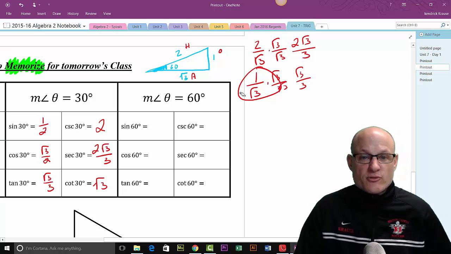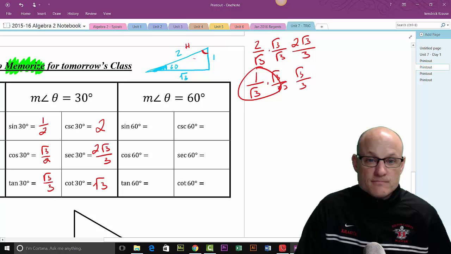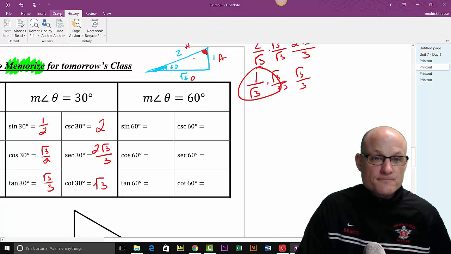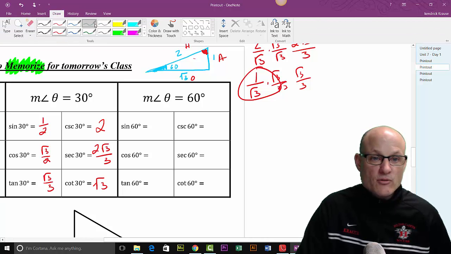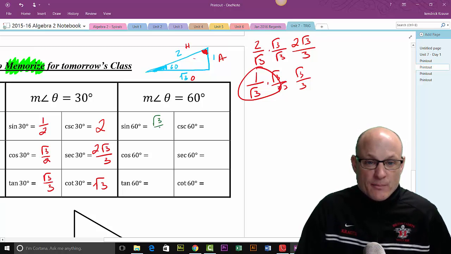Now, if we're going to deal with cosine, I have to adjust these. I can't use these anymore. We're going to use this angle up here. And now this is opposite and this is adjacent. And we'll grab a new color. How about green? Sine would be square root of 3 over 2, opposite over hypotenuse.